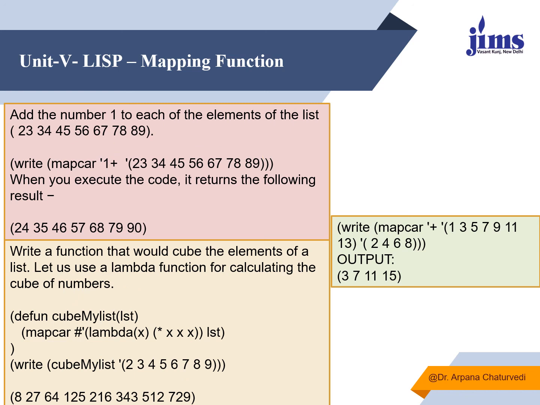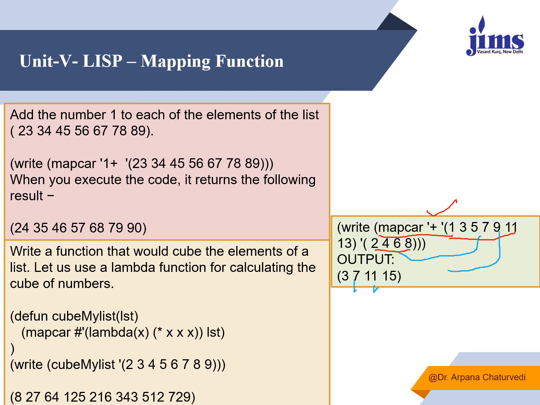Now I'll show you one more example in which I simply have two lists. One is the shorter list and another is a longer one. I want to perform addition, summing these lists of values with each other in a successive manner, but the lengths are different. So it will just stop whenever it encounters the shortest list. This 1 will be added with 2, it becomes 3. 3 will be added with 4, so 7. Then 5 will be added with 6 and it becomes 11.